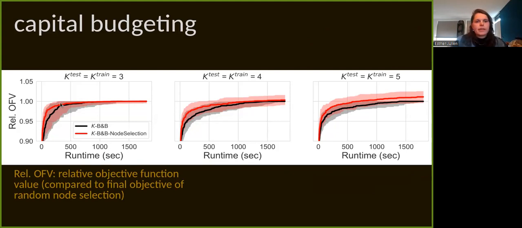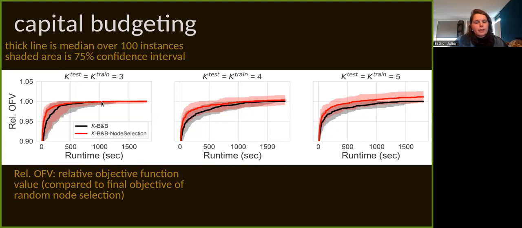This is the median across 100 instances, and the shaded area around it is the 75% quantile. And this is the relative objective function value compared to what the random, so just K-adaptability with random node selection, achieves after 30 minutes. So that's why it goes to 1 as well.